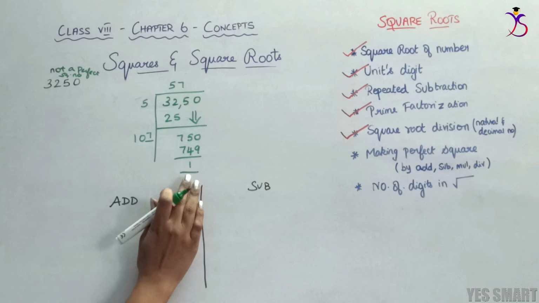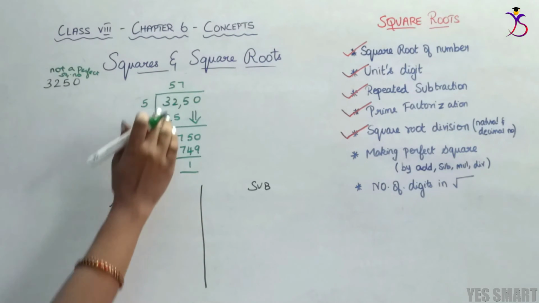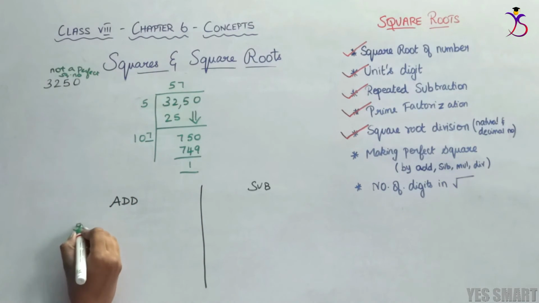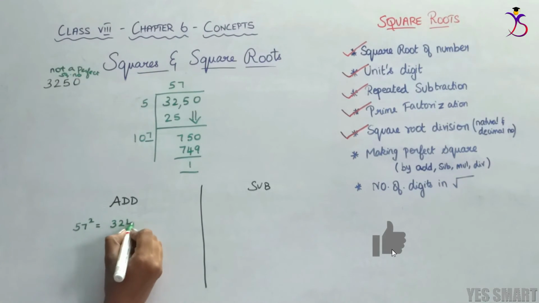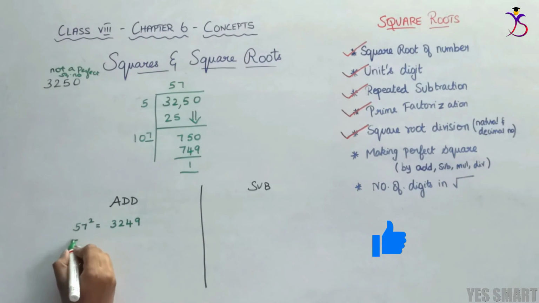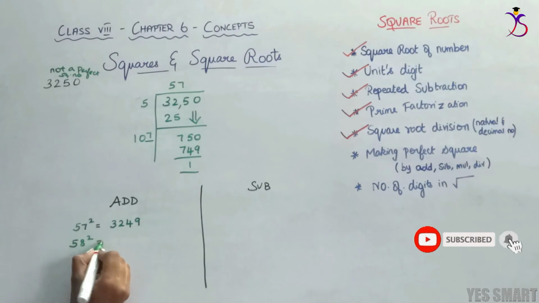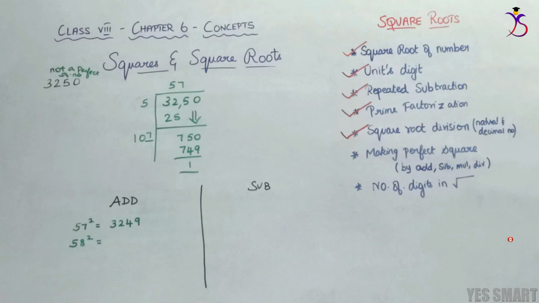We will be getting a remainder because the given number is not a perfect square number. So let's find what has to be added to make it a perfect square number. In the quotient we have 57. So 57 square is equal to 3249. It is just simple because we have the remainder 1, so I have just subtracted the remainder. The next number after 57 in our number system is 58.